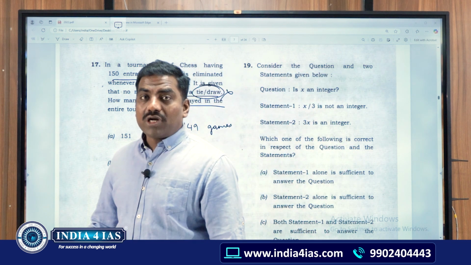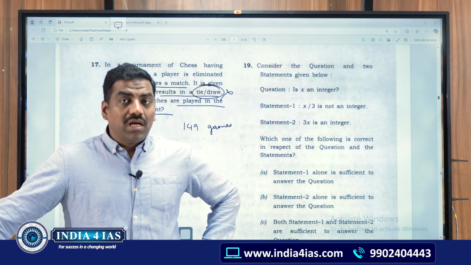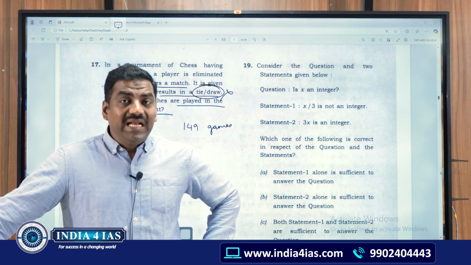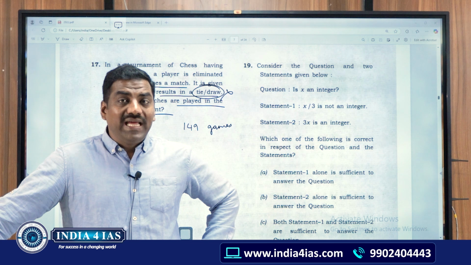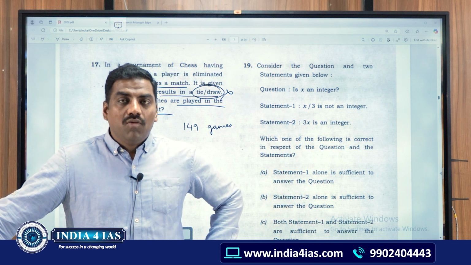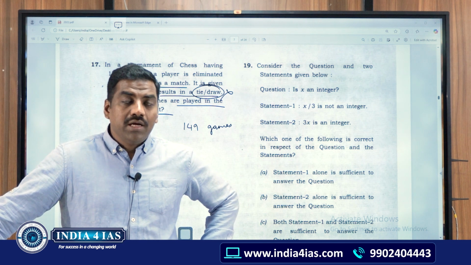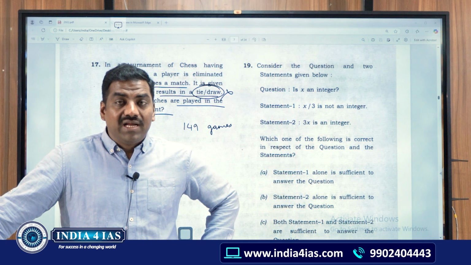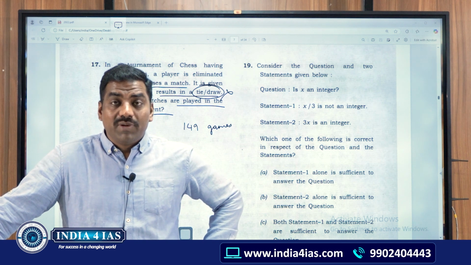When 149 people go home after losing, that means they have played those many games. For each game there will be a winner and a loser. In total, in this tournament, there are 149 losers. Or to put it another way, there is only one winner, and 149 unsuccessful people.